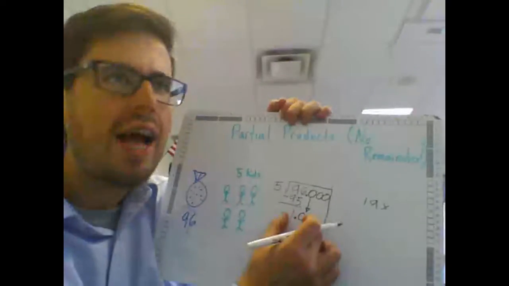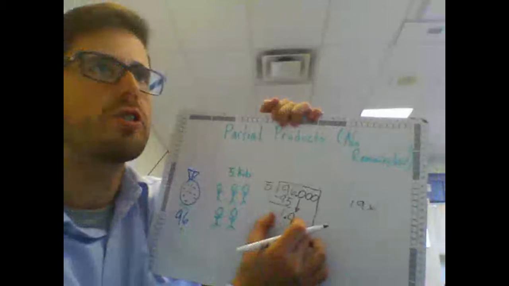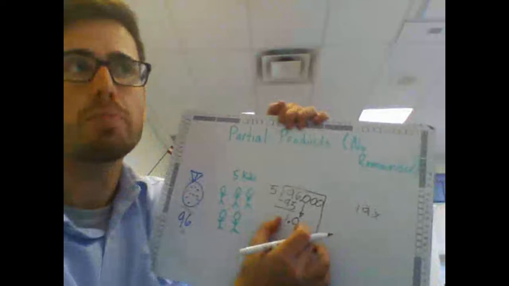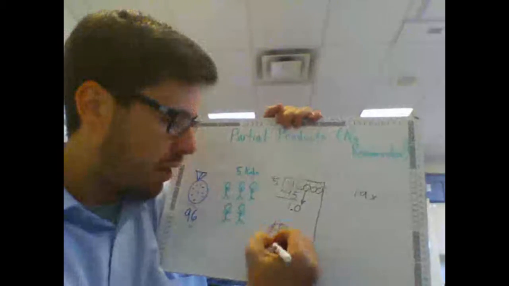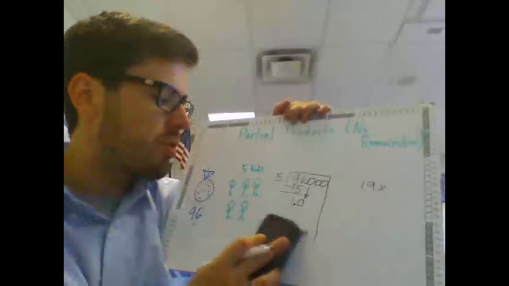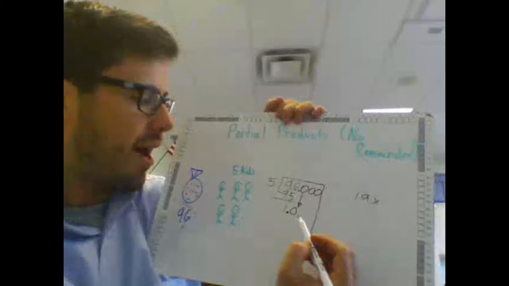Now, remember, we're not talking about a real 10 here. This is a trick that mathematicians use. We don't have 10 left over. We just have one marshmallow left over. We're still splitting one marshmallow for 5 kids. But we want to know in terms of our decimal, or part of a whole, how many each kid would have.